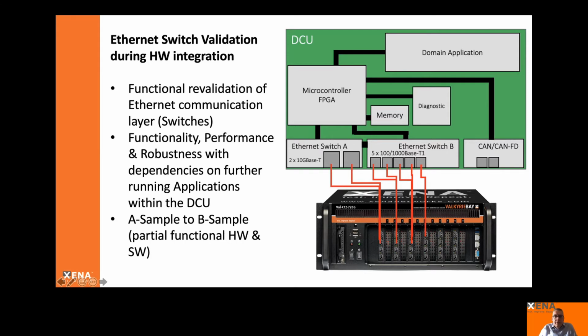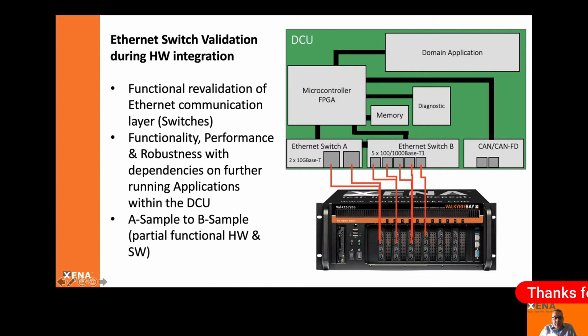It is important because, as you have dependencies within such a design, you probably have less performance or less memory if you are changing specific configuration on the domain application. So you have to revalidate if the communication through the Ethernet switches works always as expected, or as described in your specs.